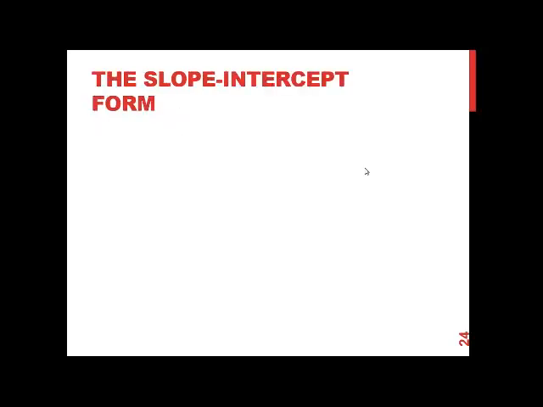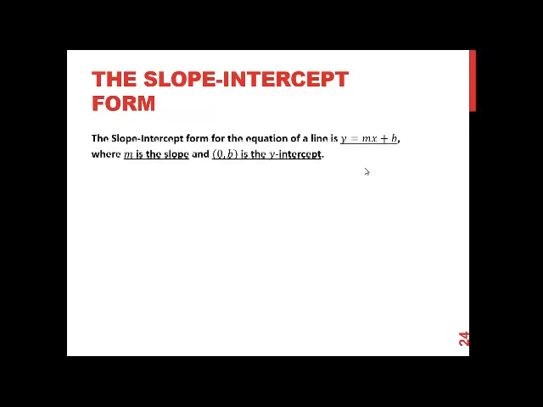Looking at the slope-intercept form of an equation. What we've seen in the past, maybe we've seen it written ax plus by equals c. That's called the standard form or the general form.